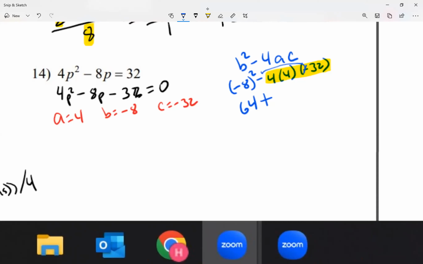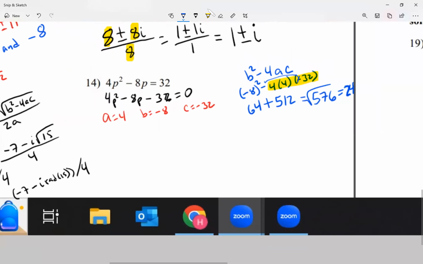And then I'm just going to go 4 times 4 times 32, so it's 512. Now 64 plus 512 is 576. My discriminant is 576. Now, what's the square root of 576? In this case, 24.